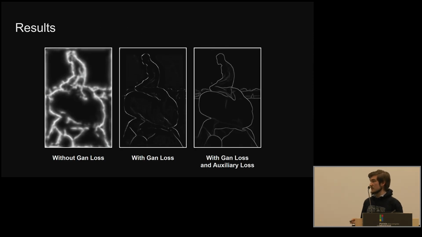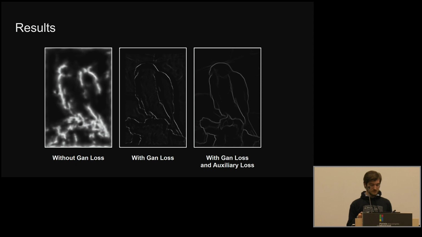This is an example image without the GAN, with GAN, and with GAN and auxiliary loss, where you can really see that it learned to close the contour lines. This is a second example. The final question that we had was, is this auxiliary task the reason for the performance improvement, or is it the GANs that we've introduced?